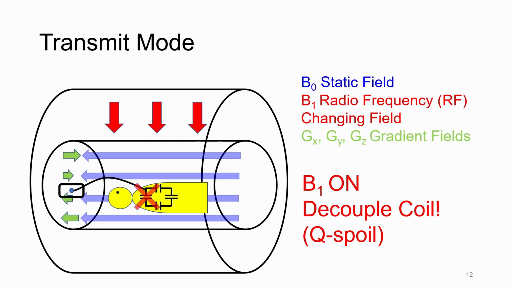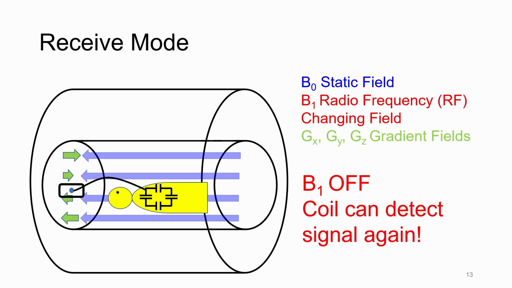But instead, the receive coil will undergo a Q-spoiling process in which the coil is decoupled and you're able to block high currents from being induced in this loop. And this only happens during transmit mode. Once the scanner switches into receive mode, Q-spoiling would be turned off, and the coil can detect signal as normal and pick up the free induction decay signal that is being emitted from the body.